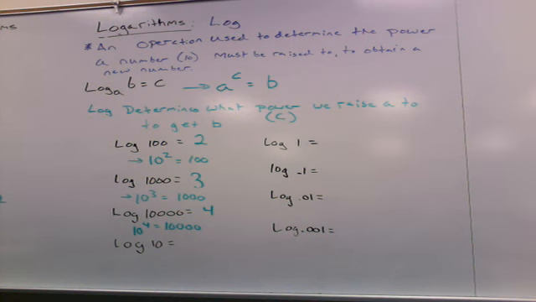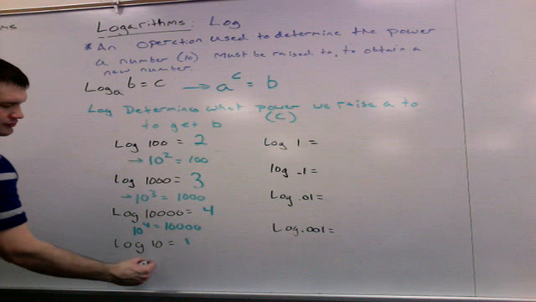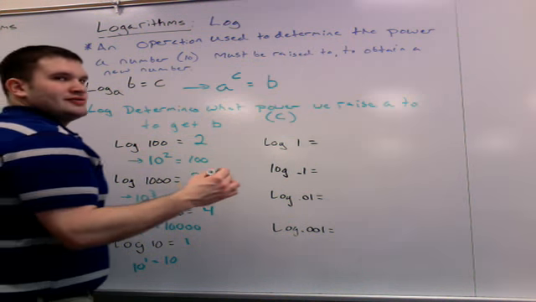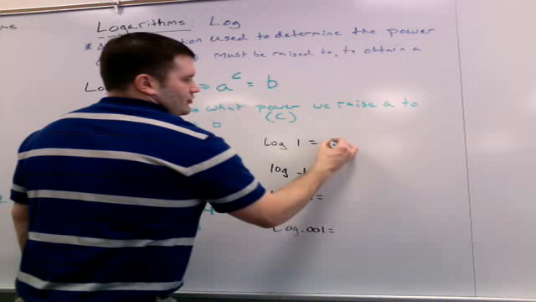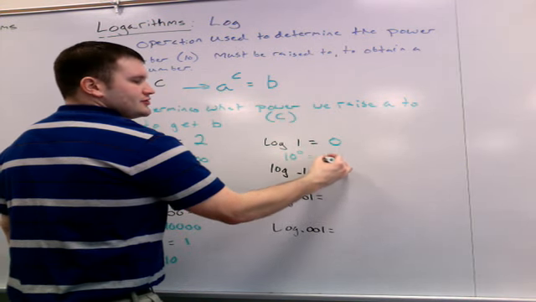Log of 10 equals 1. Good. I'm gonna put a little star next to this one. You'll know why in a second. Log of 1 equals 0, because 10 to the 0 equals 1.